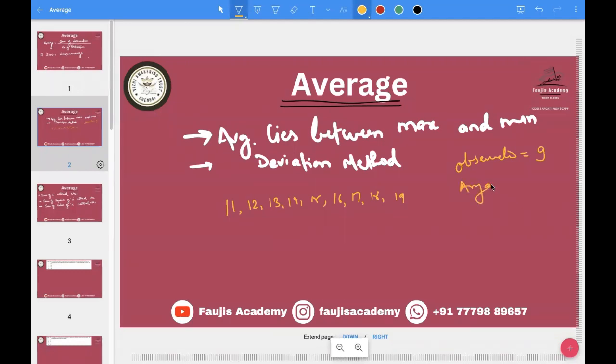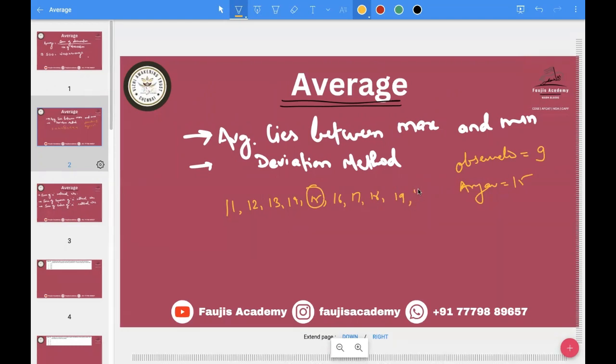Aryan, you tell me what is the average? 15. And why do you think 15 is the average? It's the middle term. Absolutely. Whether you do this or add all of these numbers and divide by 9, it will be the same.